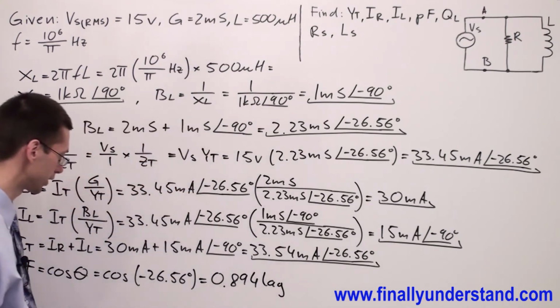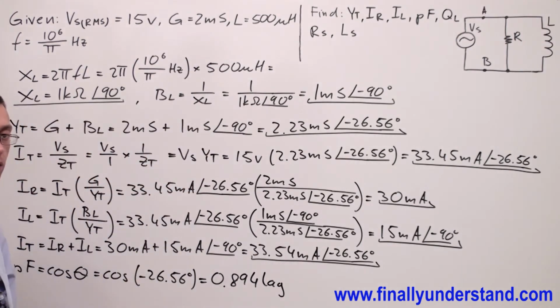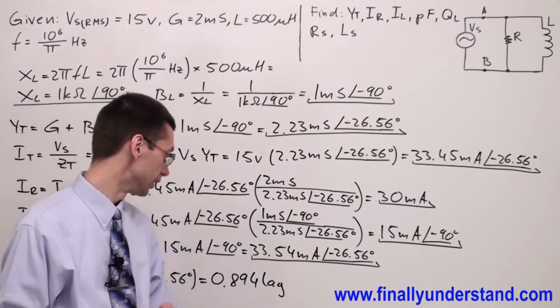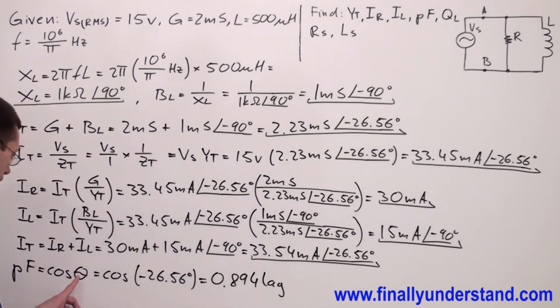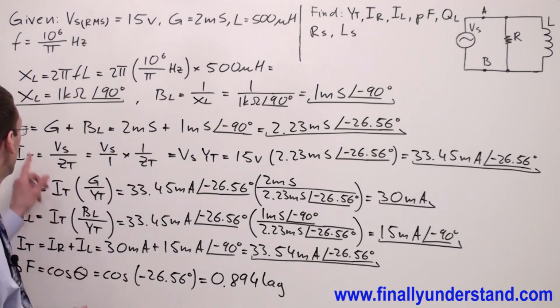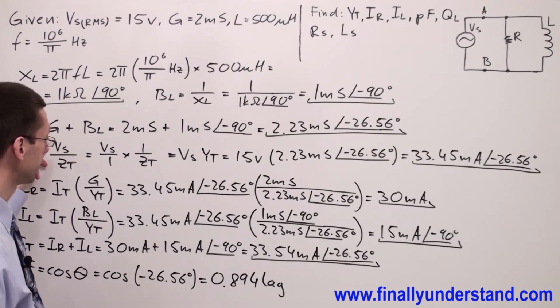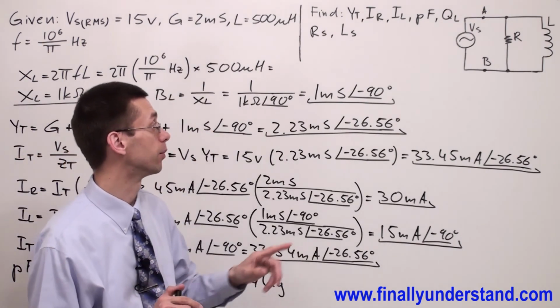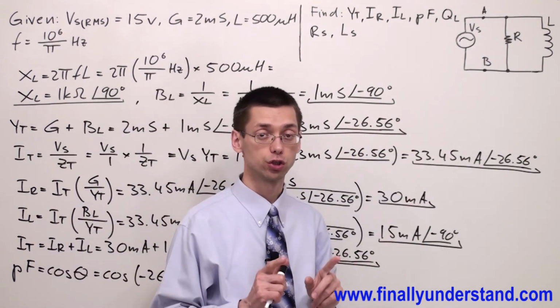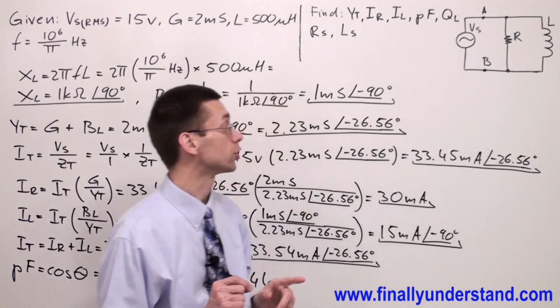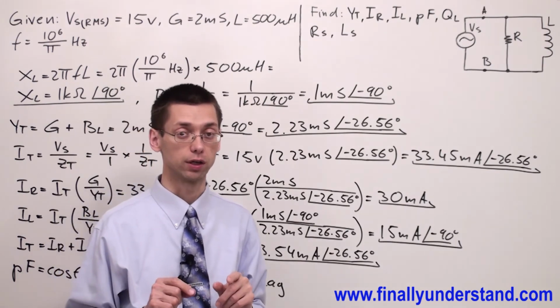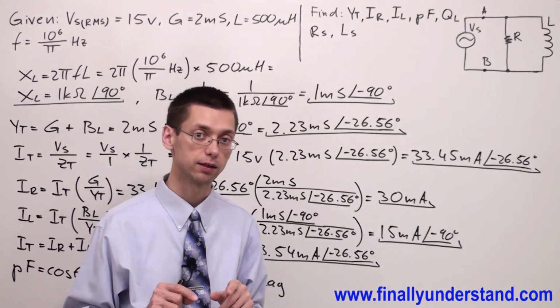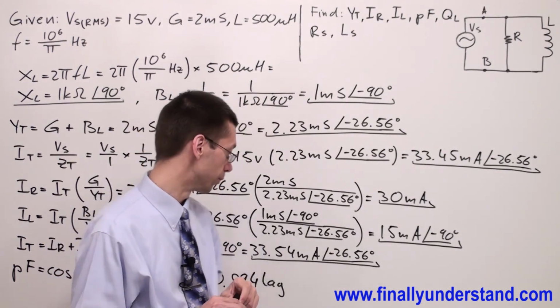But someone is going to say, but you have a negative angle. Yes, but this angle is the angle which is next to Y. Don't forget that we are talking about an RL circuit. In this circuit, the total current is always going to lag the voltage source by a certain angle.